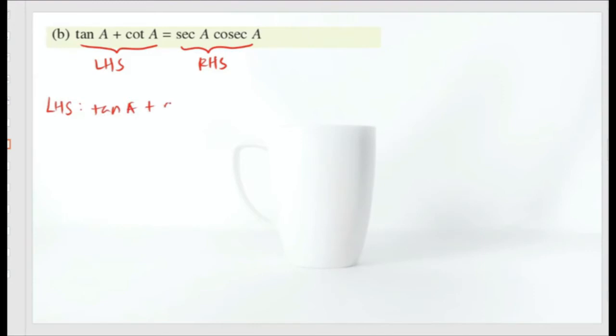Tangent A plus cotangent A. So the first step: when you see this type of question with tangent and cotangent, your answer will be secant and cosec, right? So it's straightforward, you change tangent to what? Tangent equals sin A over cos A. Okay.